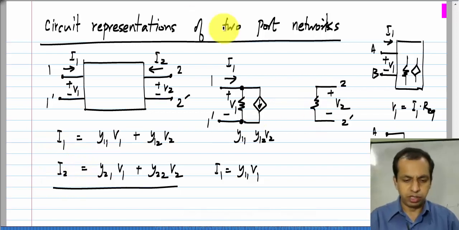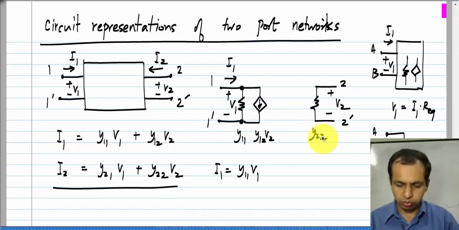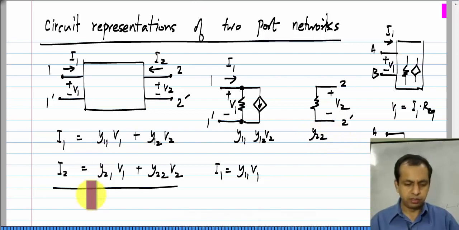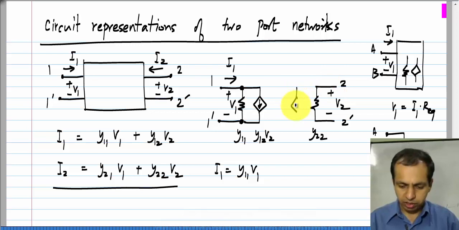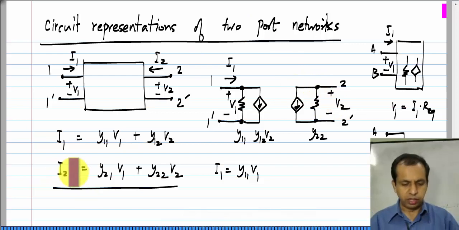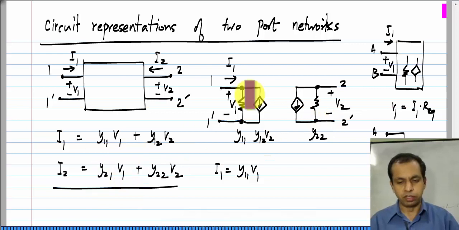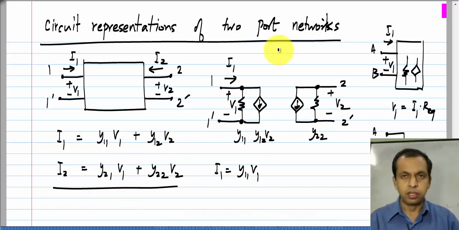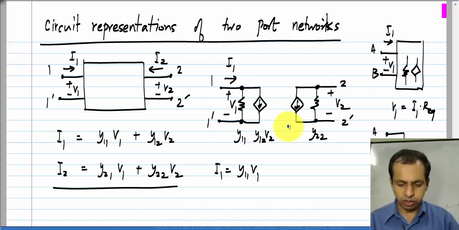So, it is represented by a conductance whose value is y22, and this last part y21 times V1 is represented by a control source like this. It is I2. So, it is the current drawn from port 2 and it is proportional to V1, that is voltage elsewhere in the circuit. So, it is modeled by a voltage controlled current source and its value is y21 V1. Okay.